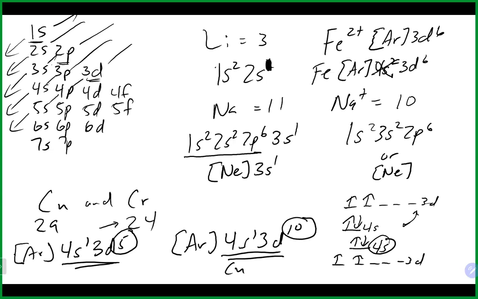We also talked about drawing what is referred to as the orbital diagram for these things. So the orbital diagram here for lithium would use boxes or lines where you label it and you put arrows: first one up, second one down, never in the same direction, and first one up.